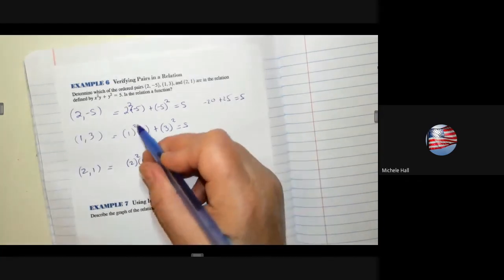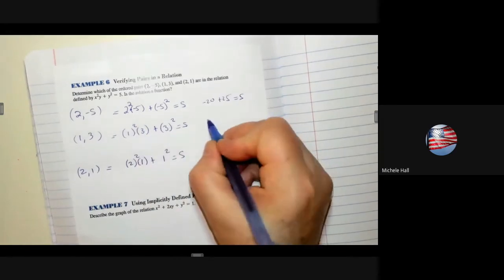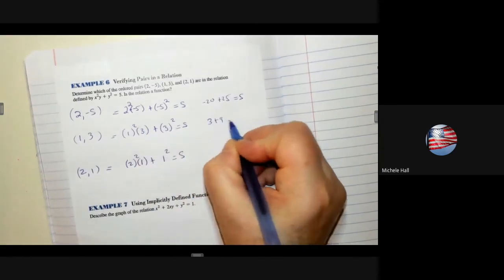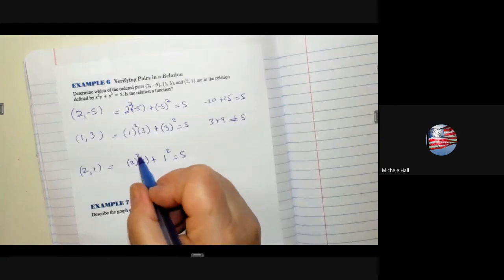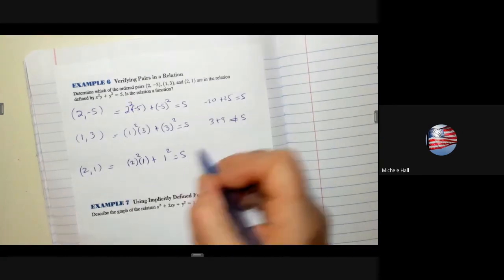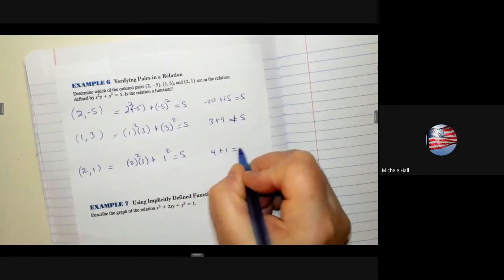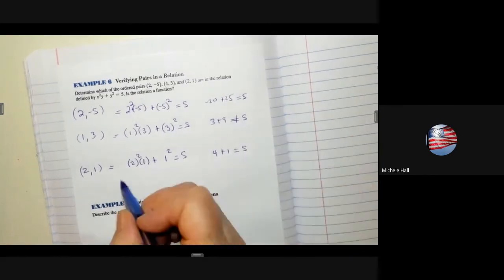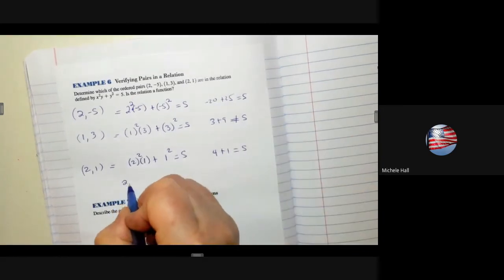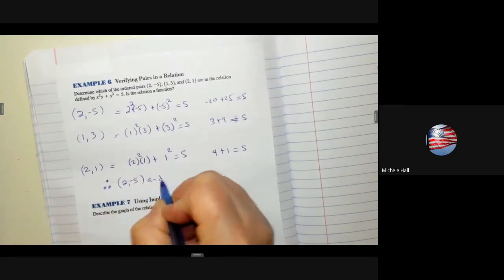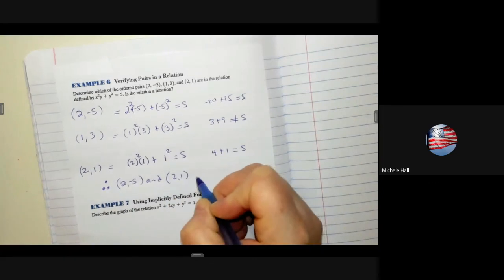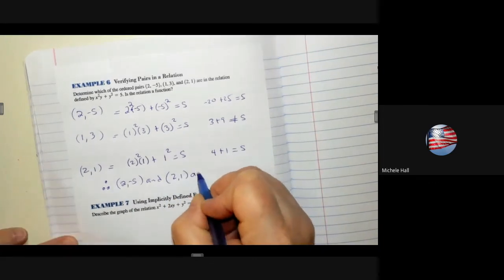We get 1 squared is 1 times 3 is 3 plus 9, and that does not equal 5. We get 2 squared is 4 times 1 is 4 plus 1, and that equals 5. So 2, -5, therefore, and 2, 1 are in the relation.